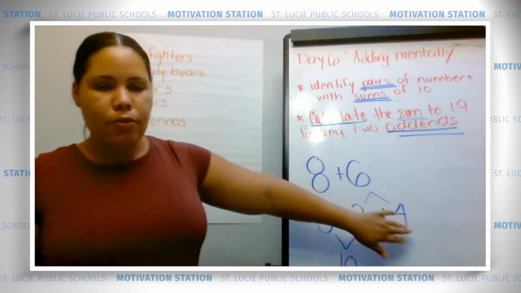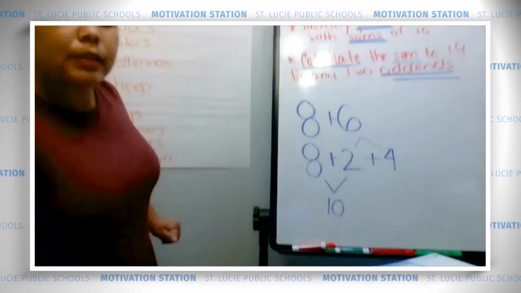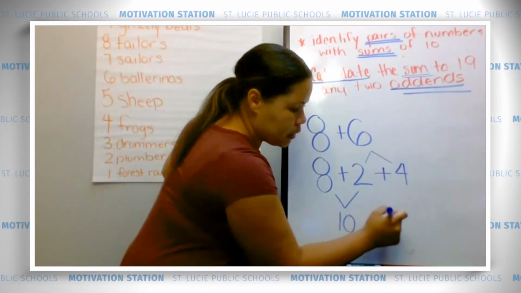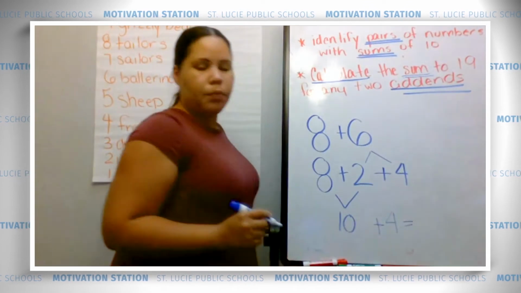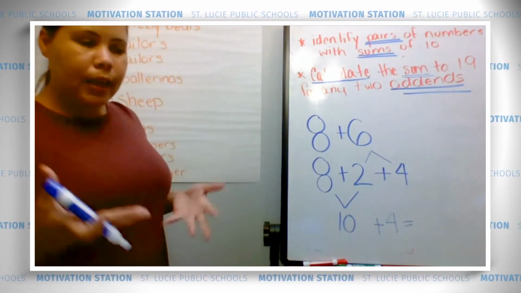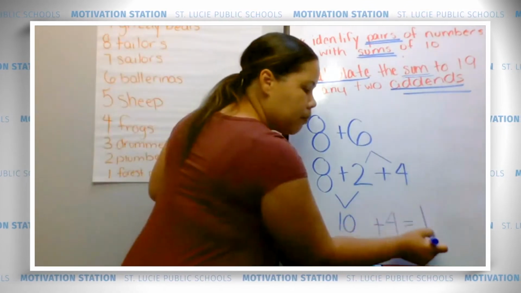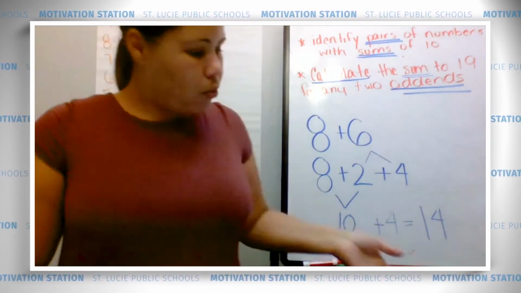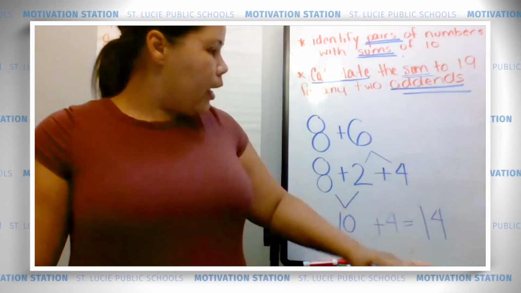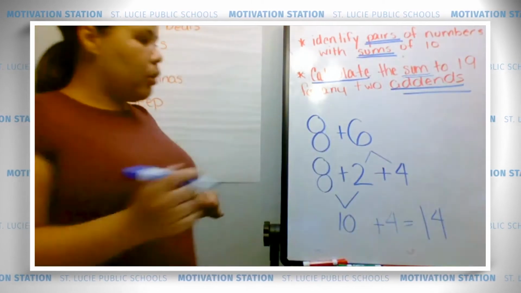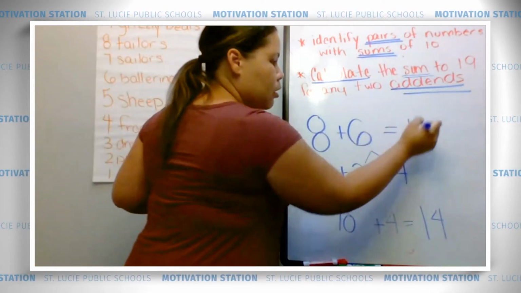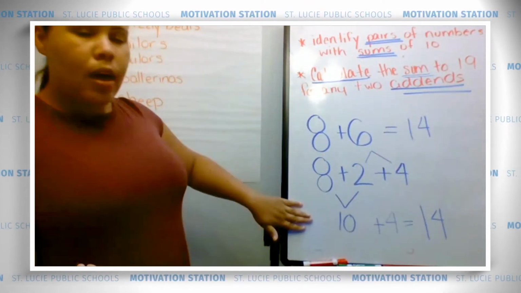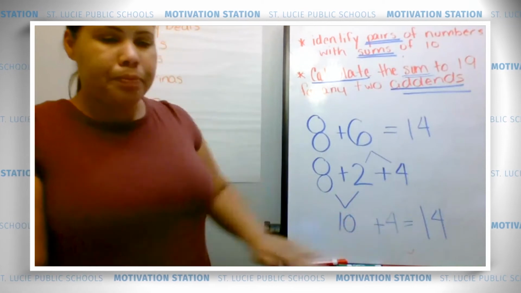So since I had 4 left over, or 4 as my spillover, my problem becomes 10 plus 4, and in my mind, 10 plus 4 equals 14. So 8 plus 6 equals 14, because I have created 10 and figured out my spillover.